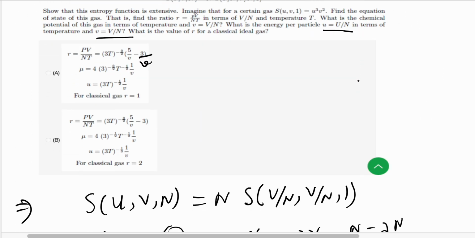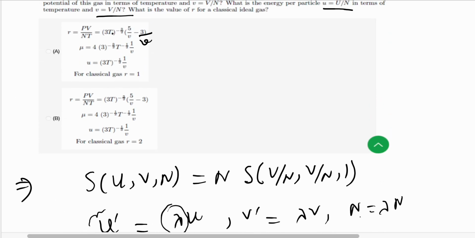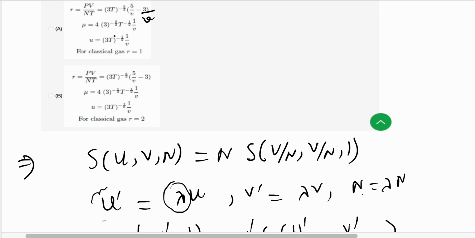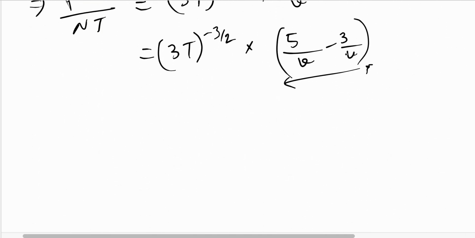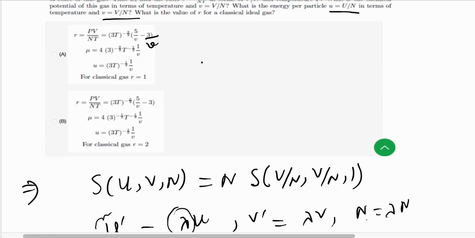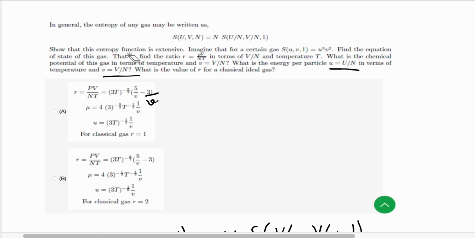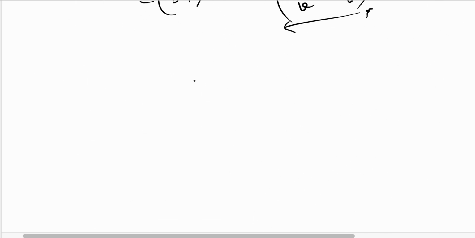And the last is PV by NT, 3T to the power minus 3 by 2, 5 by V minus 3 by V. Yes, it matches. So answer 1 is correct, as we have calculated. That means PV by NT is equal to this, mu is equal to this, and u is equal to this. And the last question, what is the value of R for the ideal gas? R is PV by NT. Let us check it.